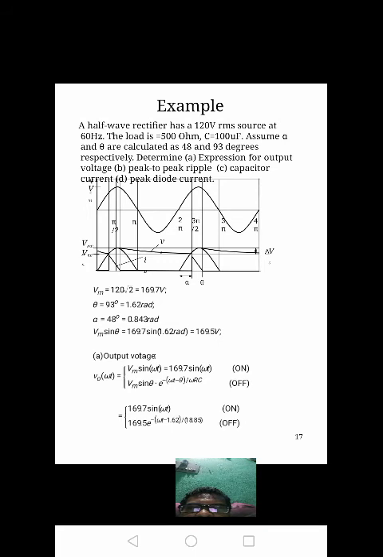Substituting the values, it is 169.7 sin omega t when the diode is on, and when the diode is off, 169.5 into e to the power of minus (omega t minus 1.62) by omega RC, where omega RC is 18.85.